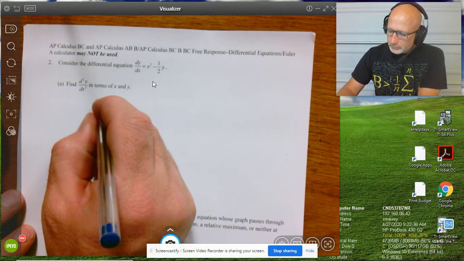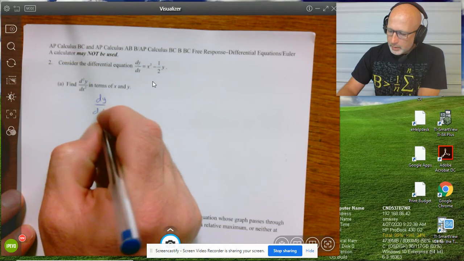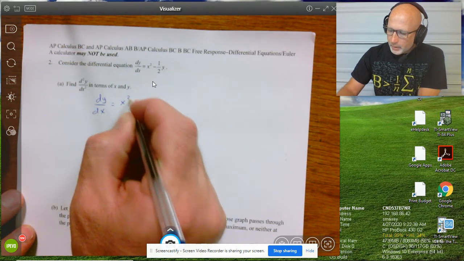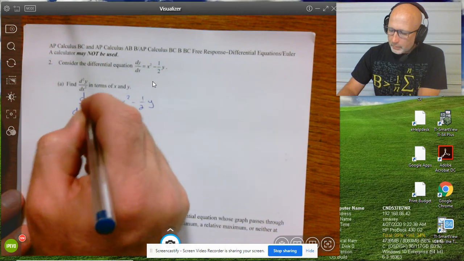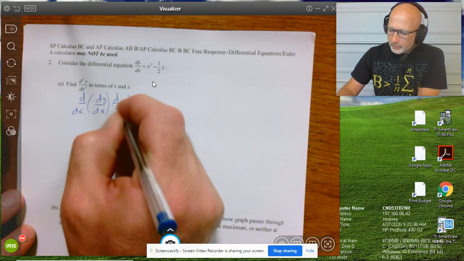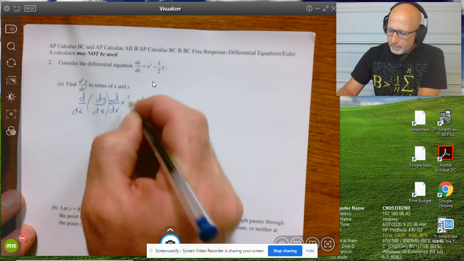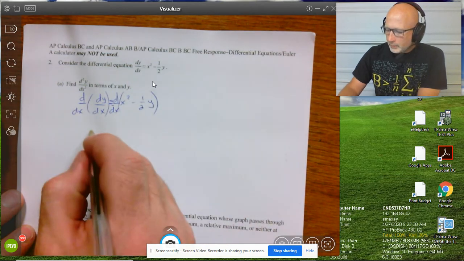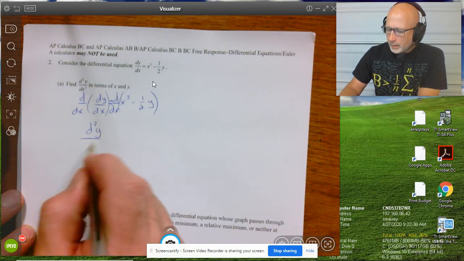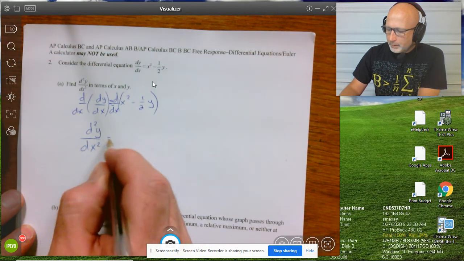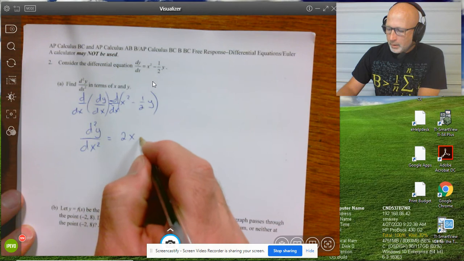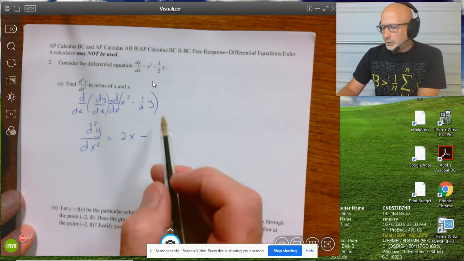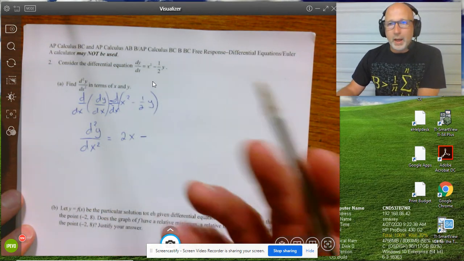So I have dy/dx is equal to x squared minus 1/2 y, and I'm going to take the derivative of both sides with respect to x. So the second derivative of y with respect to x is equal to the derivative of x squared, which is 2x, minus, now, what is the derivative of 1/2 y?